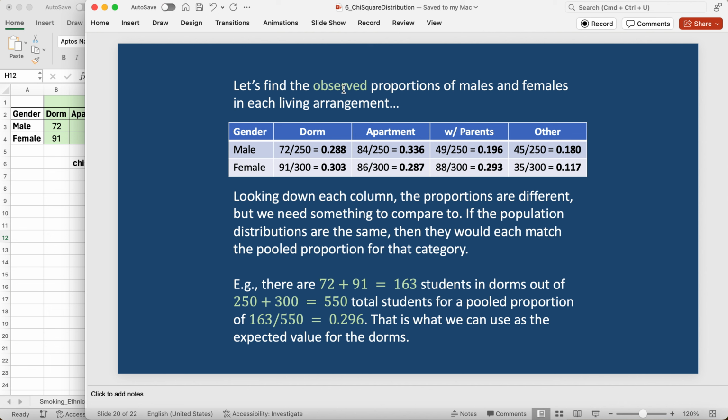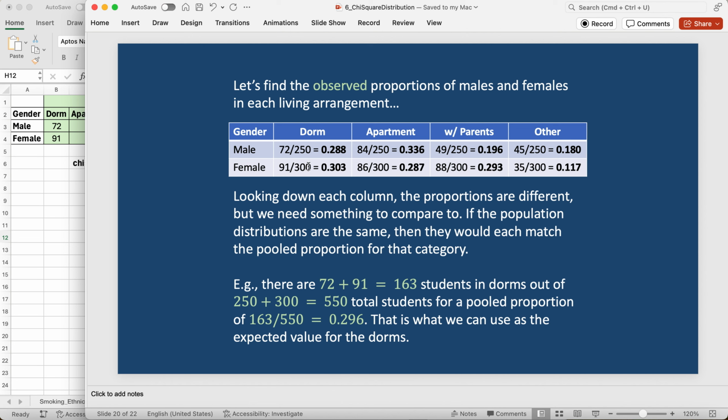So let's start by finding the observed proportions so we can look at that, and we will use this information to lead us into the expected. So what are the observed proportions? For males, we have 72 out of 250 in dorms, so that's 0.288 or 28.8%. Each of the values here is the proportion of this gender in this category of living situation.